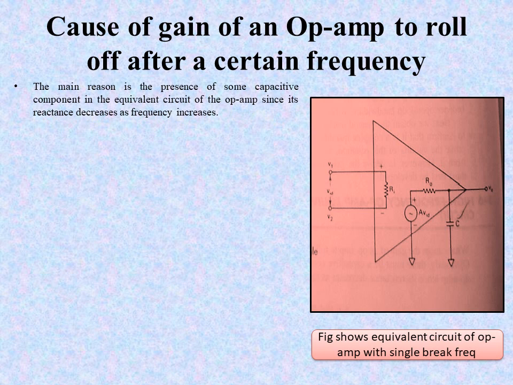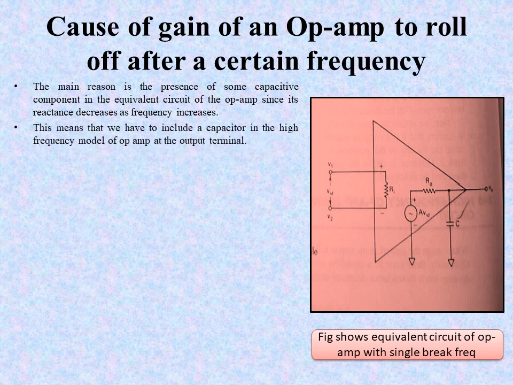If you see the diagram, you'll see an additional C is drawn here. This is the equivalent circuit and an additional C is here. So basically the main reason is the presence of some capacitive component in the equivalent circuit of the op-amp, since its reactance decreases as frequency increases.